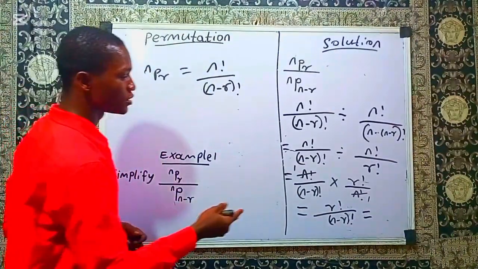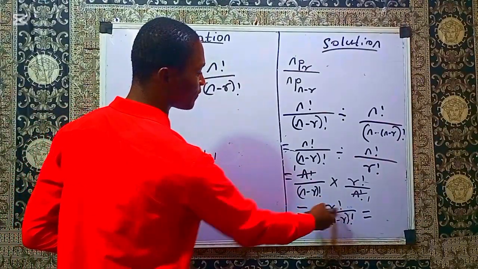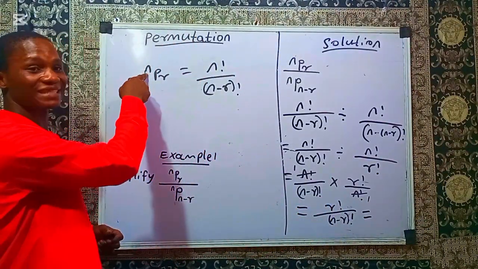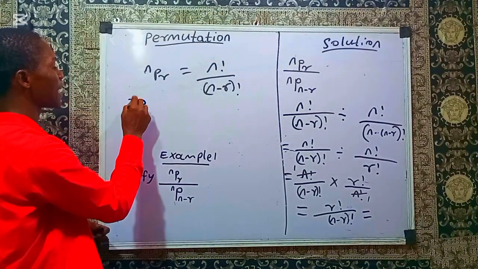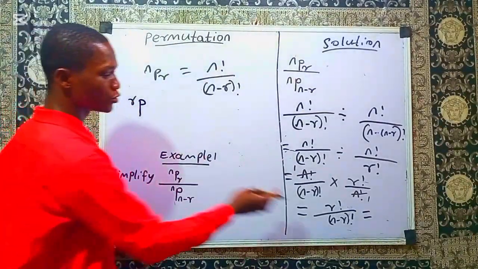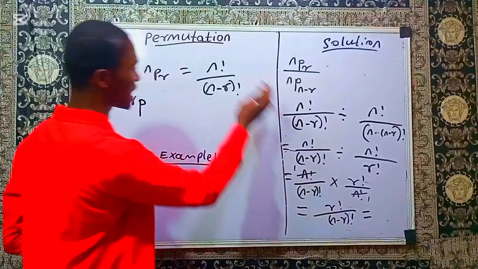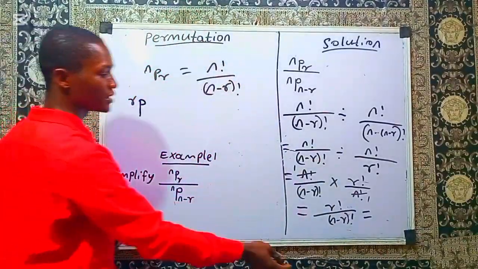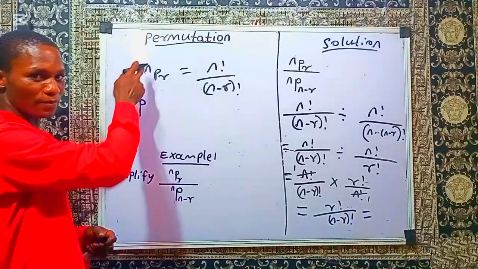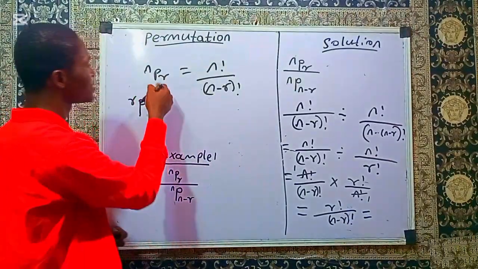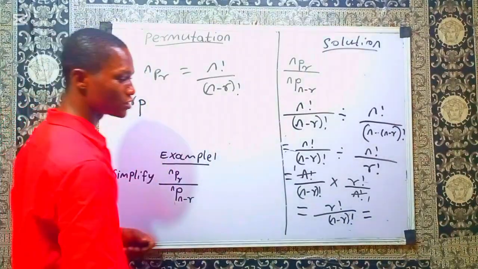So what do we have at the numerator here? R factorial. So r factorial is acting as this n here. So I'm supposed to have r up here, because this r factorial is not acting as this n factorial numerator. So it's supposed to be up here. So for this r that's supposed to be down here, we need to get it.